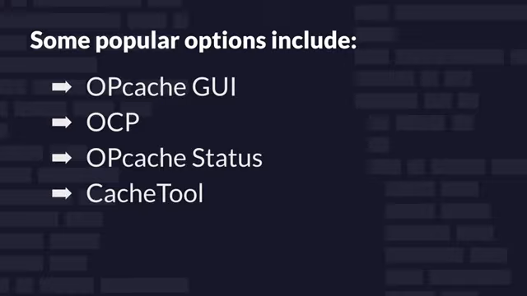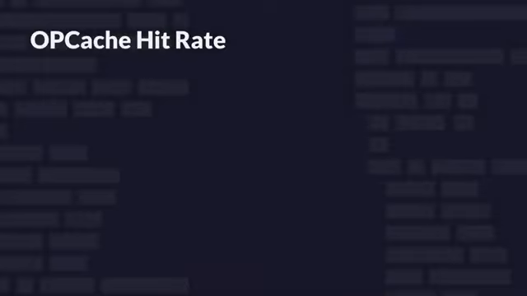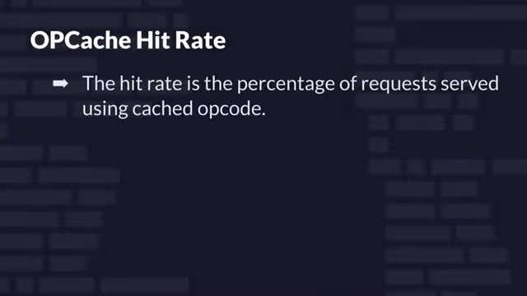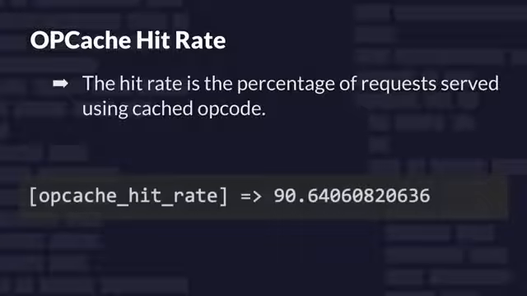When reviewing opcache statistics, there are a few key items to look for and assess. Opcache hit rate. A hit rate is the percentage of requests that are being served using cached opcode instead of parsing and compiling the scripts anew. A low hit rate suggests opcache requires more memory or resources to perform at its full capacity.